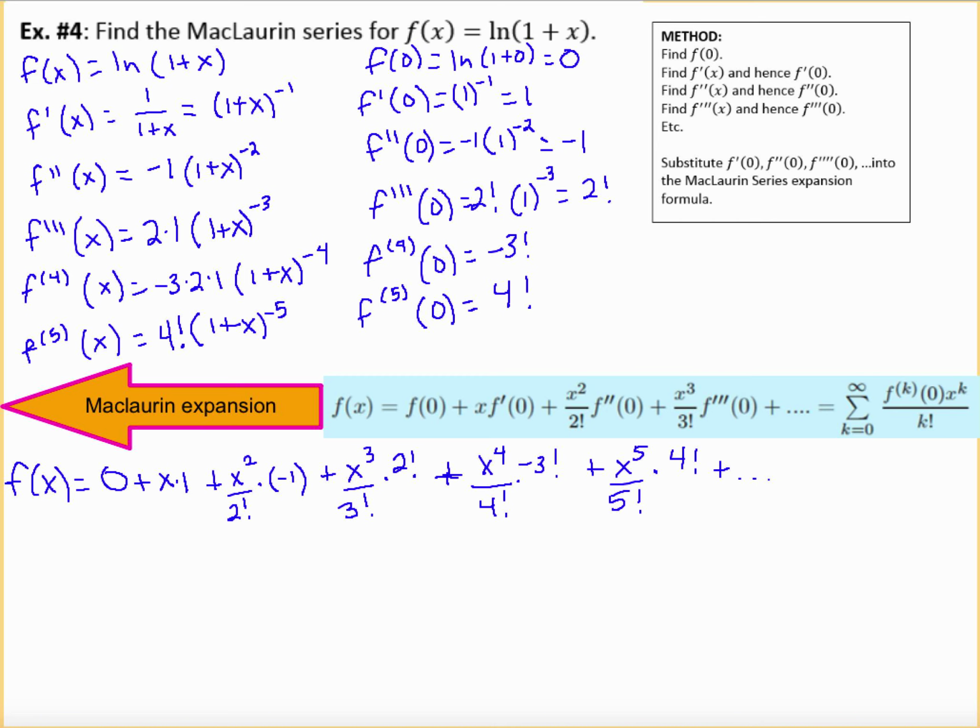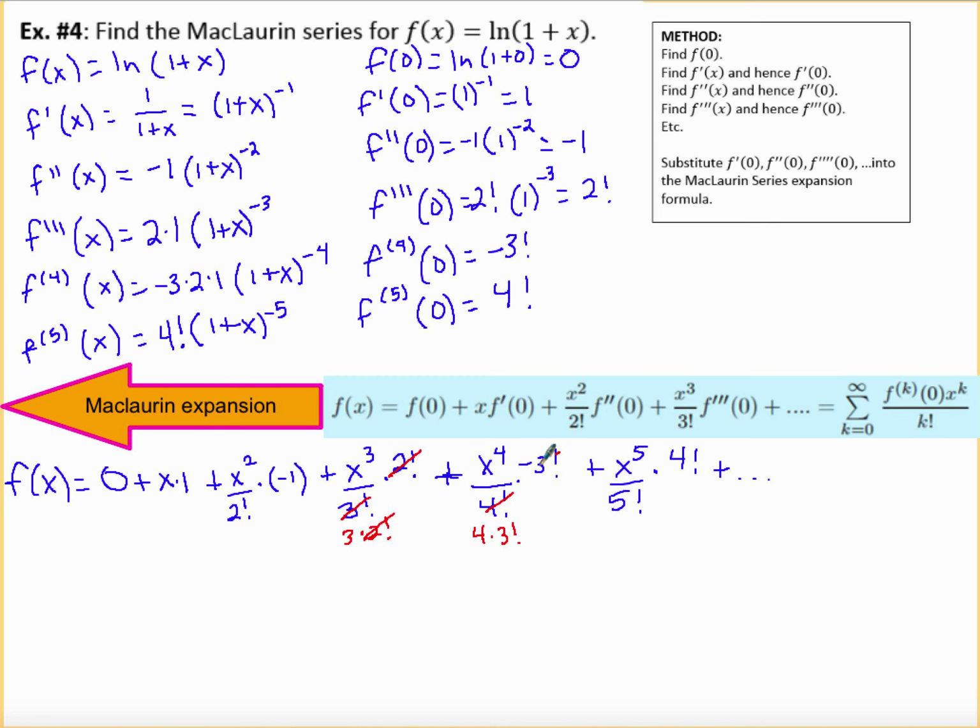Now I'm going to simplify, and I just want to remind you, I love simplifying with factorials anyway, but here's 3 factorial. Remember, that's 3 times 2 factorial, right? And then this 2 factorial and this 2 factorial will cancel out. And 4 factorial is really 4 times 3 factorial.